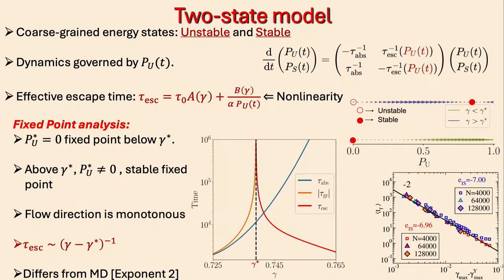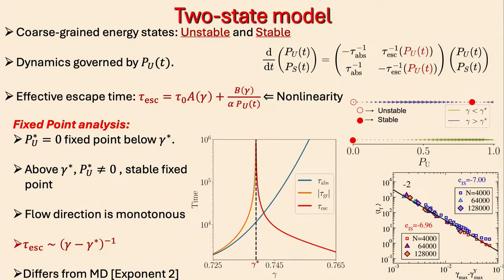So we can have that picture and write a two-state description, where I write the master equation for the probability to be in the unstable and the stable states. Without going into any detail because I'm running short of time, what this does is, instead of making the yielding transition only apparent, it makes the transition a genuine transition, and it also gives you a divergence of timescales like what we see in simulations, with some problems.